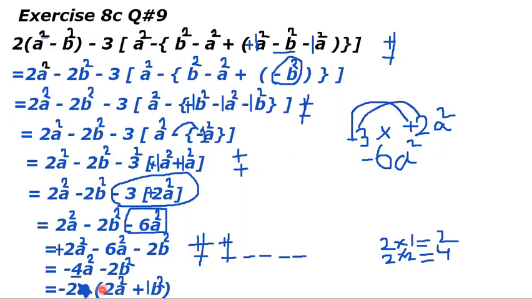There is no negative sign, it is positive. You can write here 2a square means positive 2a square. Similarly this negative b square will be changed into positive b square.